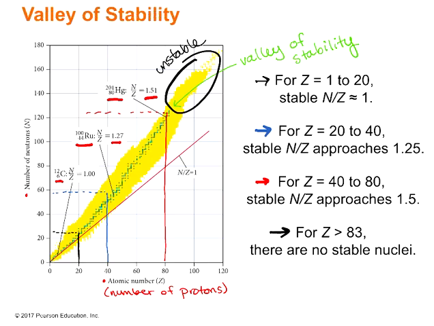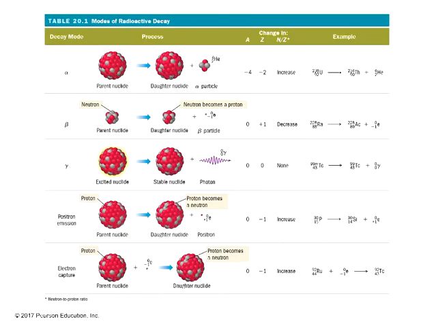Okay, and we'll come back to this graph later on. Now, last time we saw this chart, table 20.1 in your textbook, and this summarizes all of the different processes that can occur in radioactive decay. One thing that we didn't know about yet, though, was that neutron to proton ratio.